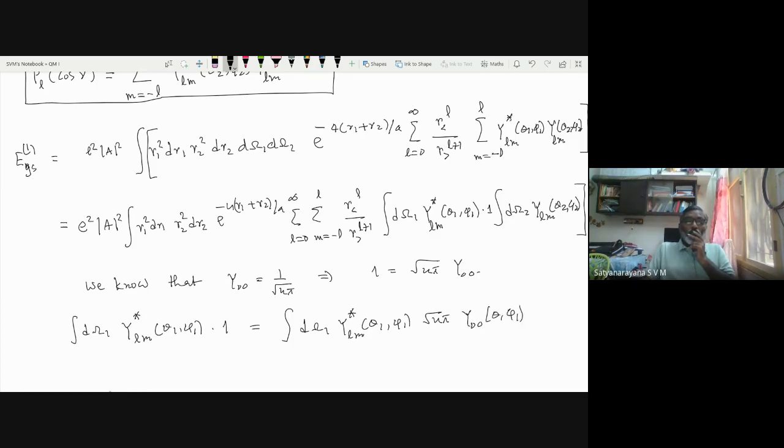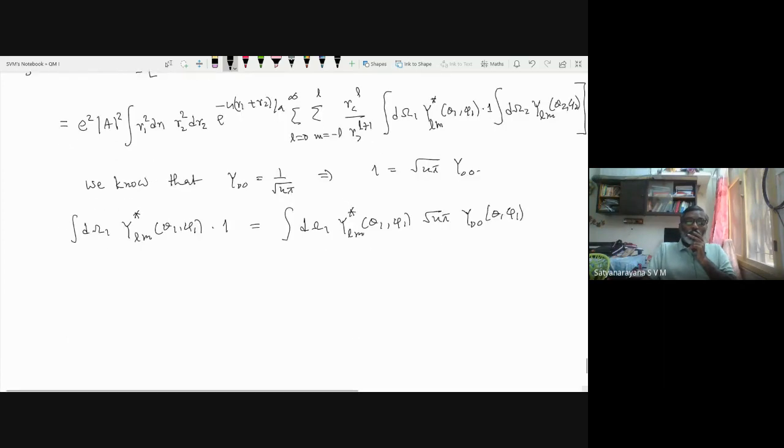Now what does that mean? That means this is like, pull out this square root of 4 pi integral d omega 1 into YLM star of theta 1 comma phi 1 into Y00 of theta 1 comma phi 1, which is nothing but root 4 pi into delta L0 into delta M0.